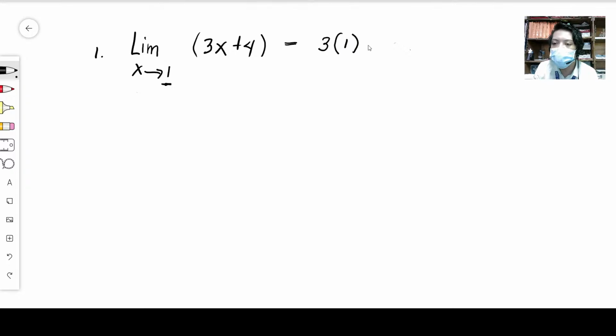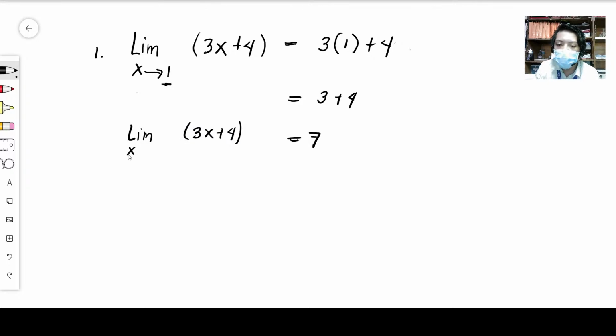This will be 3 times 1 plus 4. When you evaluate, this will be 3 plus 4, and this is equal to 7. So meaning the limit of 3x plus 4 as x approaches 1 is equal to 7. This is the answer for number 1.